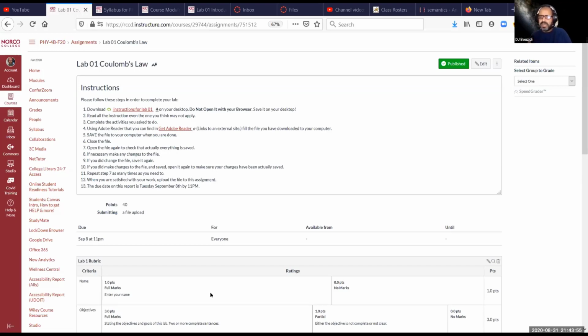Make sure it saves. Then submit it to Canvas. If you want to edit it, for example you decided you don't like your answer to question number 3, or you want to reformulate your conclusion, you go back, open the file, make the changes, save the file, close the file, and open it again to make sure your change persisted. So that's how you do things here.